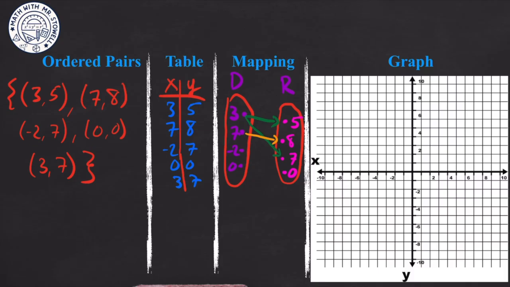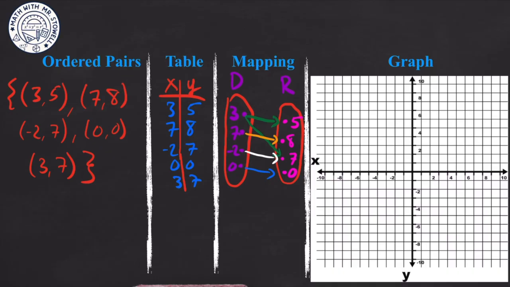The negative 2 goes to 7. Negative 2 doesn't go anywhere else. 0 just goes to 0. And 3, again, can go to 7 again. So that is our mapping from one place to the next. We take all of our domain, all of our x values, and just make arrows that go from the x values to whichever y values they can go to.